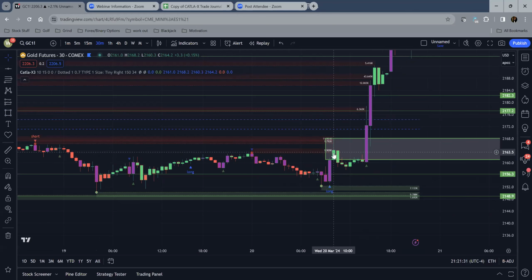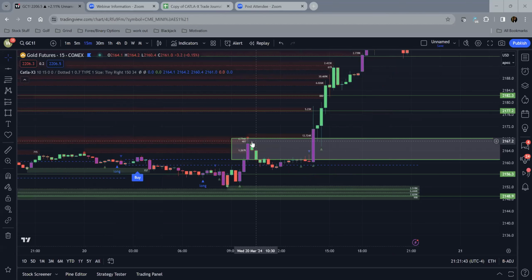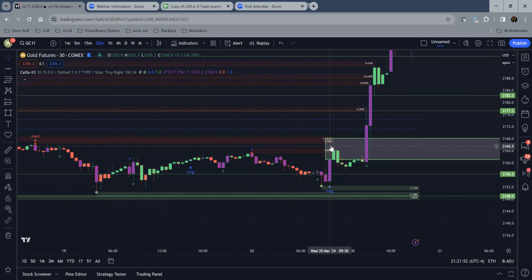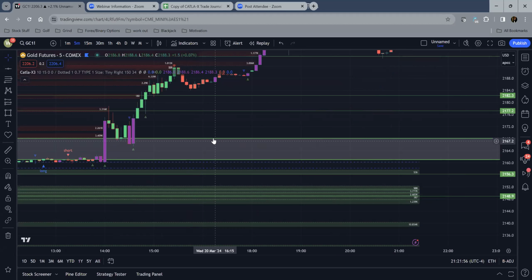This isn't something I would necessarily consider an FU to the downside. Let's look at the 15-minute. On the 15-minute, we definitely don't have any type of manipulation here. On the 30-minute, we don't have any type of manipulation there. Let's look at the 5-minute.